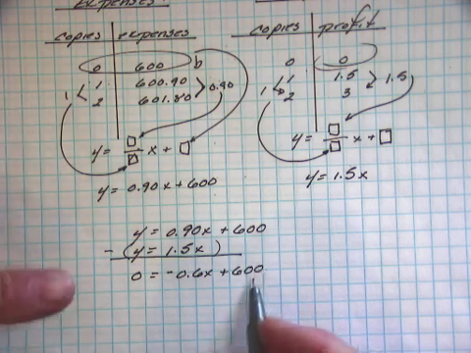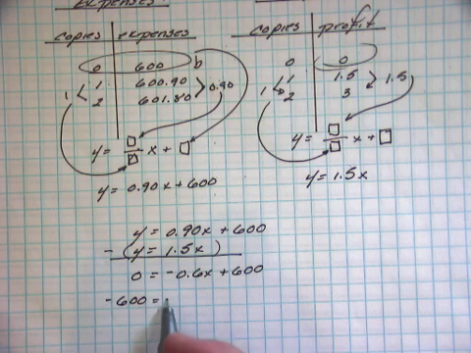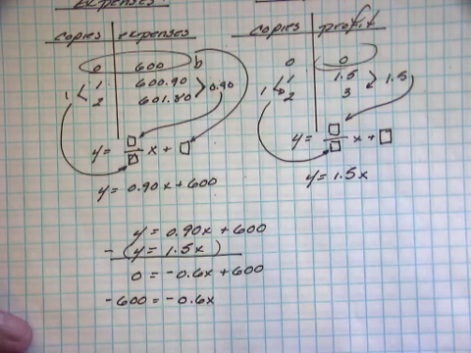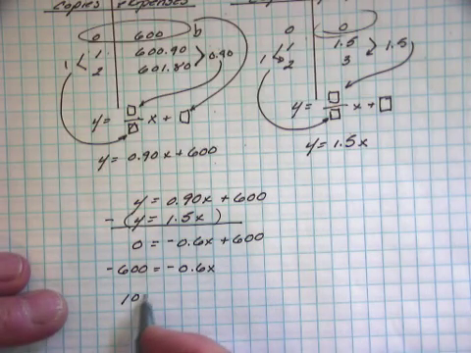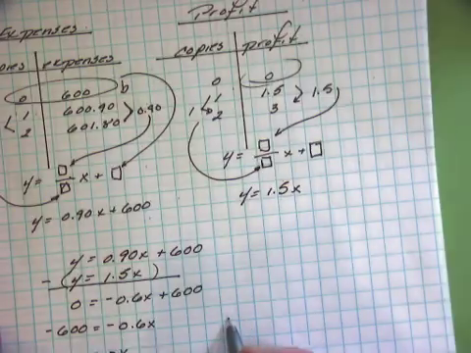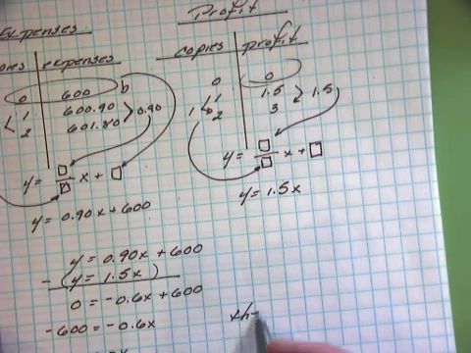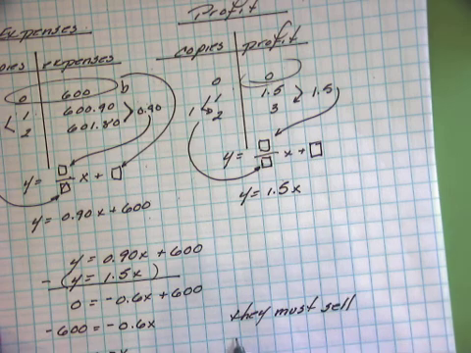The y's got eliminated. 0.9x minus 1.5x is negative 0.6x plus 600. Subtract 600 from both sides, you get negative 600 equals negative 0.6x. Divide both sides by negative 0.6, and you get 1,000 equals x. x is the number of copies.